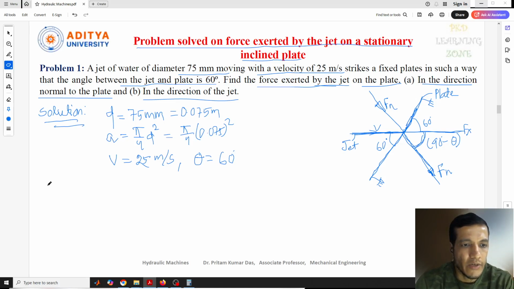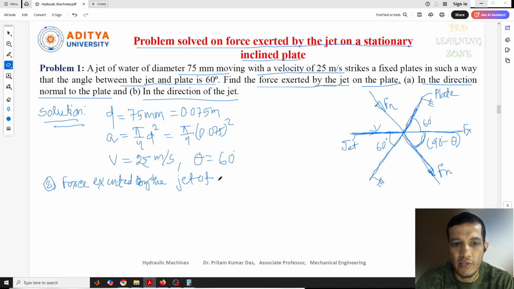And the first point we need to find out is the force exerted by the jet of water on the plate.